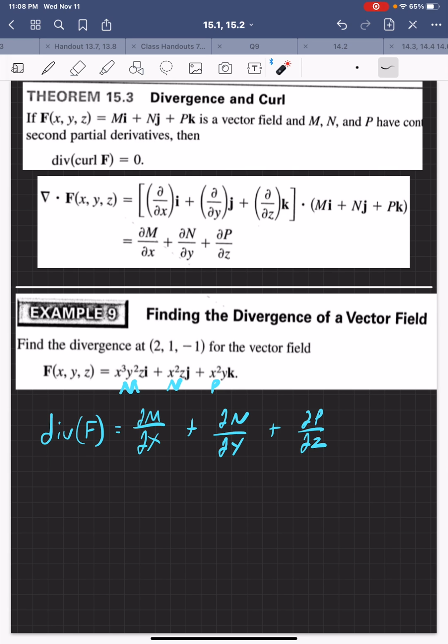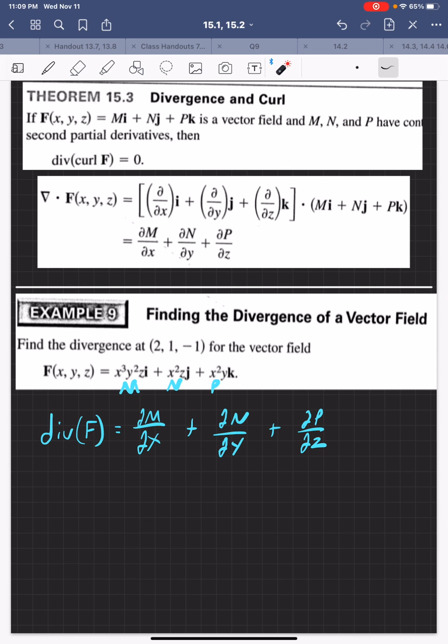But I do understand divergence and curl, and you'll see the dot product in just a second, and we'll do one problem of divergence. Right now we have to assume, notice how we're labeling M, N, and P again, that the components of the vector field we are looking at have continuous second partial derivatives.